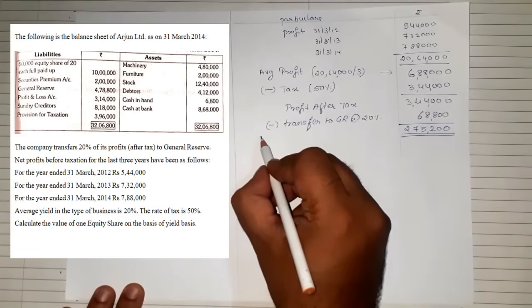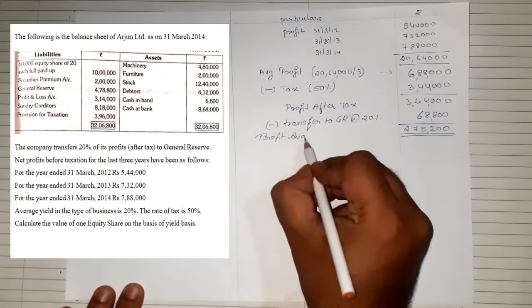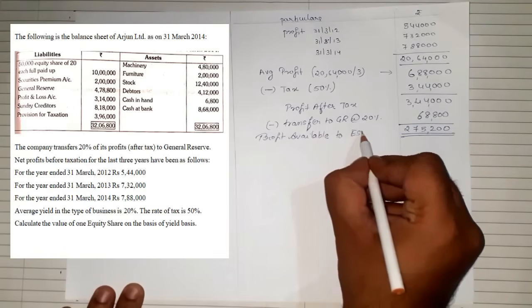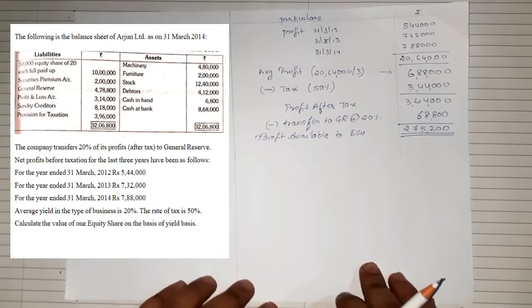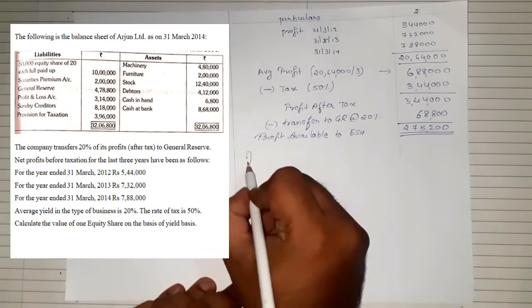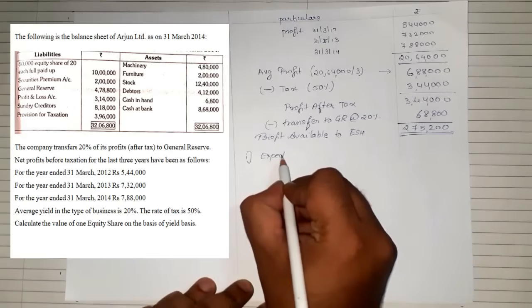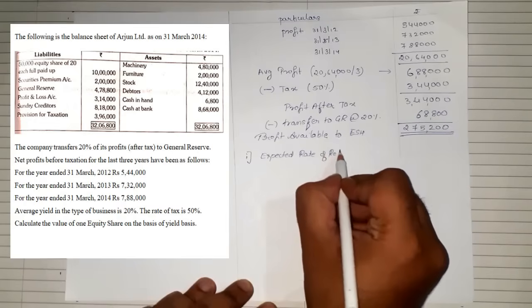So, I'll write here, this is available profit or profit available to equity shareholder. This is the first part. Once I get the profit available to the equity shareholder, the second step is we now need to find something called ERR, expected rate of return.